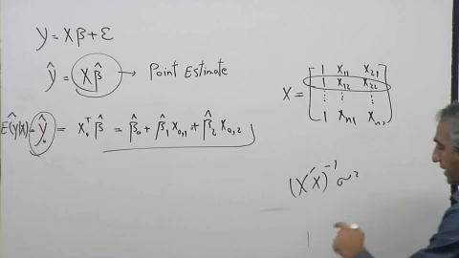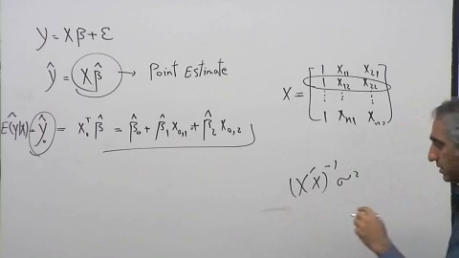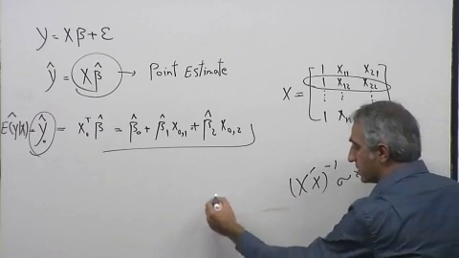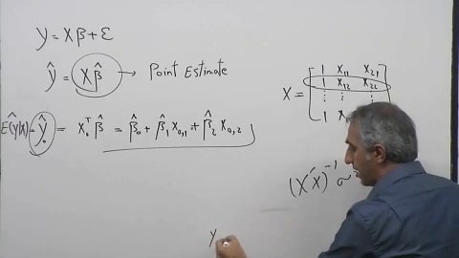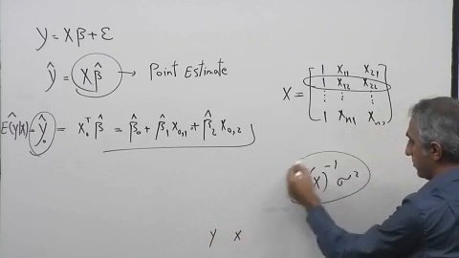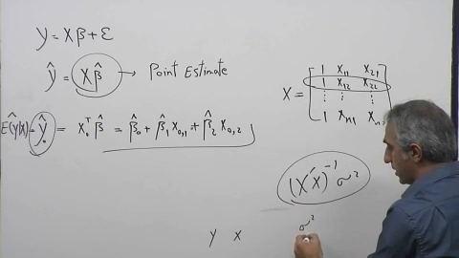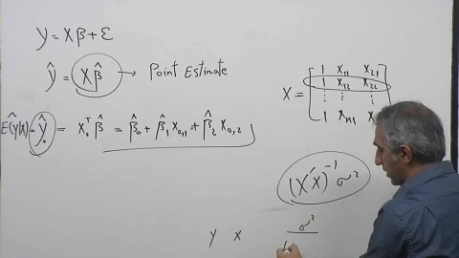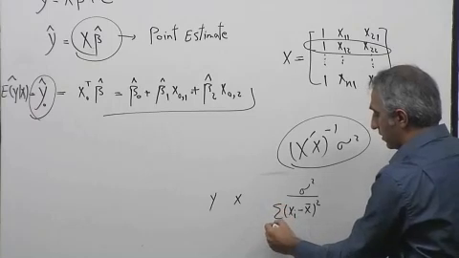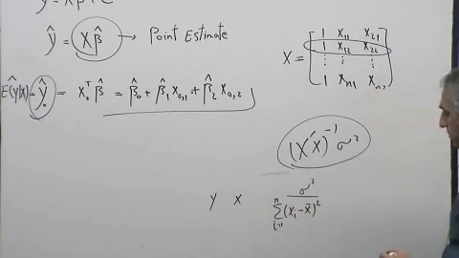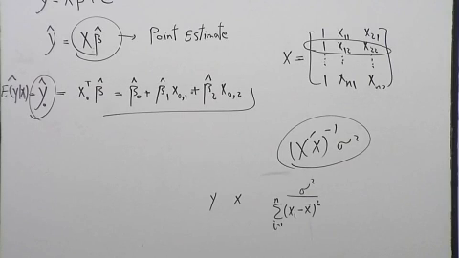In order to explain that, I'm going to use just one variable. This was for more than one variable. Let's say we have only y and x. This can be reduced to sigma squared over S of, you remember SXX?